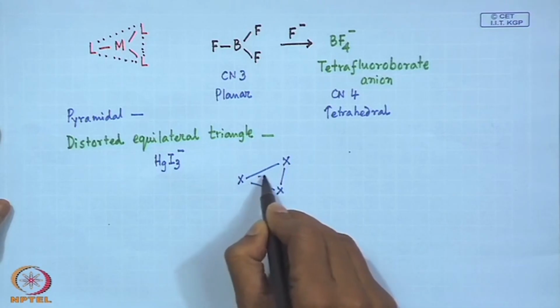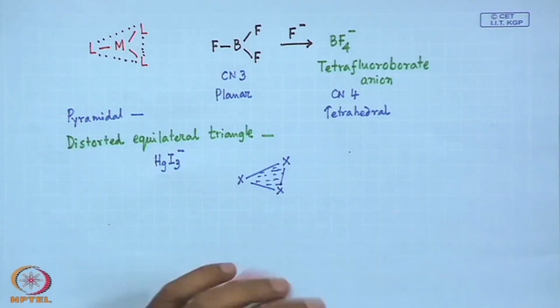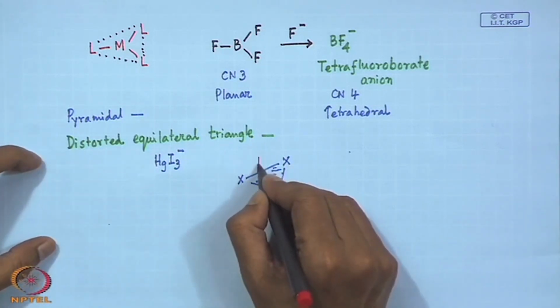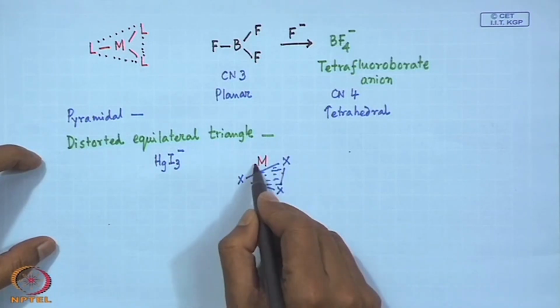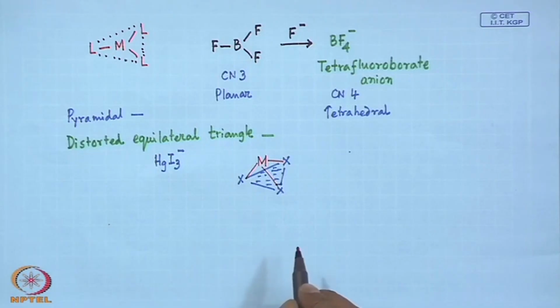If these 3 ligands are in plane and if the corresponding metal center is sitting above, we get a corresponding pyramidal geometry.